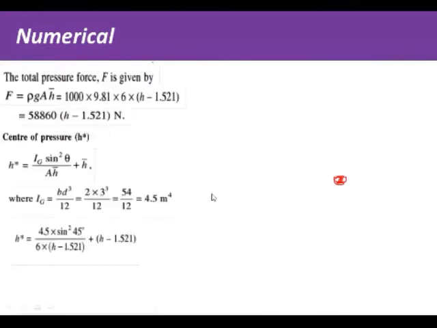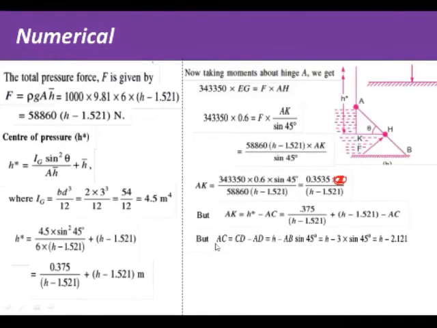So we will put that. AC equals CD minus AD. CD is H, so H minus AD. Again, this AD is nothing but AB sine of 45 degree. AB is 3, so 3 sine of 45 degree, so H minus 2.121. That is the value of AC.